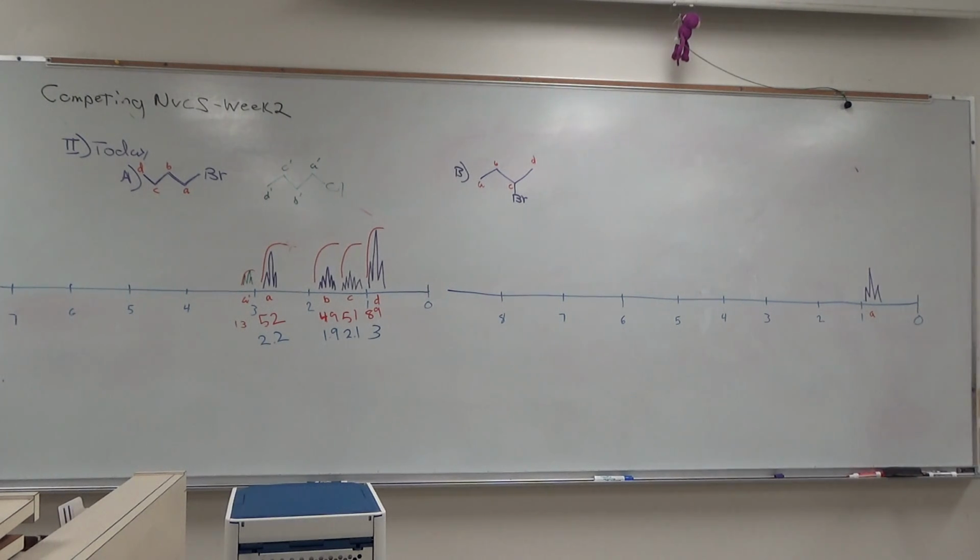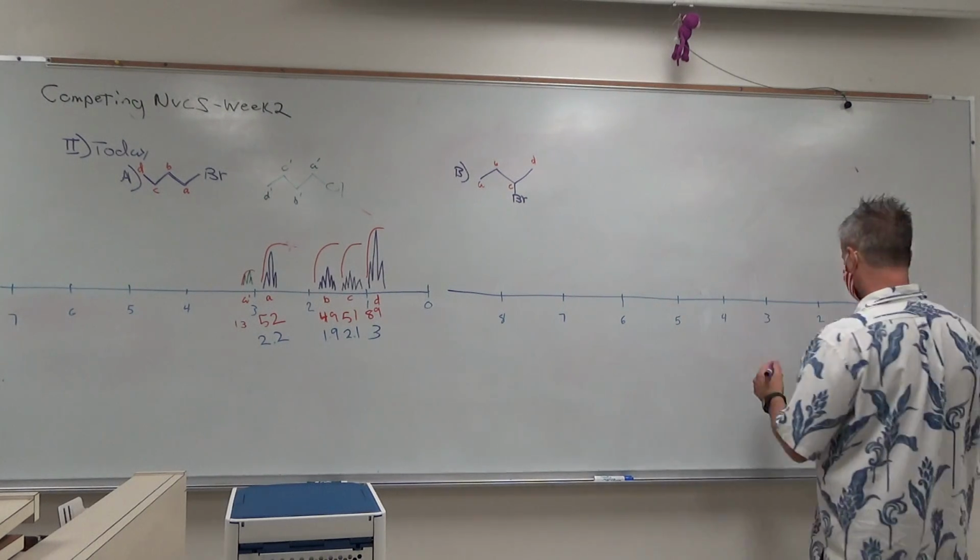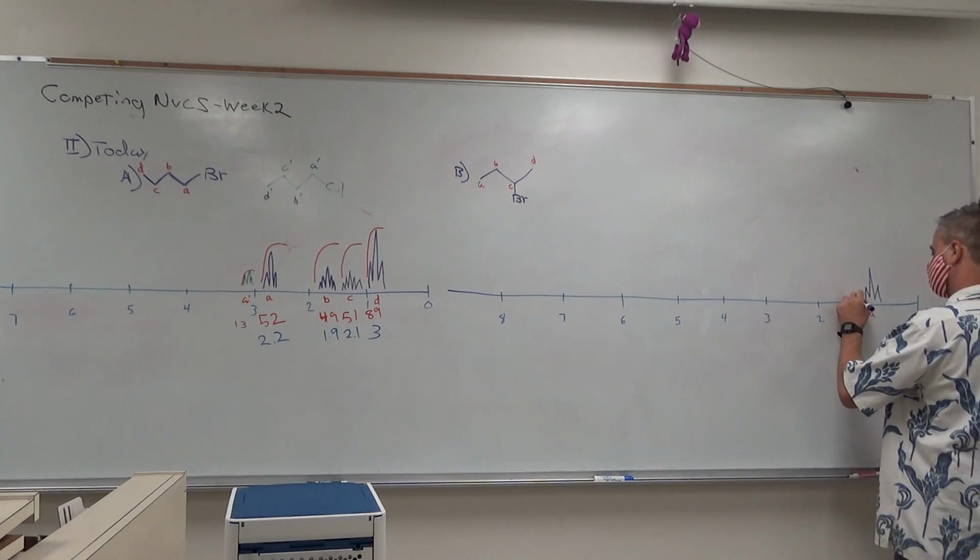All right. B, we would expect to be a little bit farther down here, right? And the multiplicity of B? Quintet. Yeah, exactly. It's got 4 neighbors, and plus 1 is 5. So quintet.